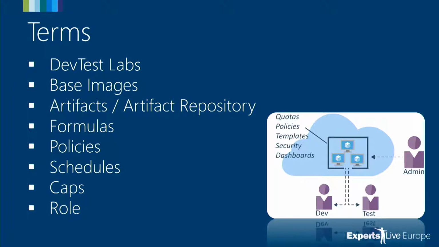It's actually a JSON file, and you store this in a repo in your public GitHub or private GitHub, in the artifact repository, and you can load this artifact after the image is deployed. It will apply to the VM after it's deployed.